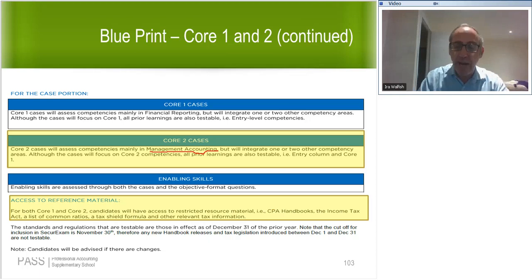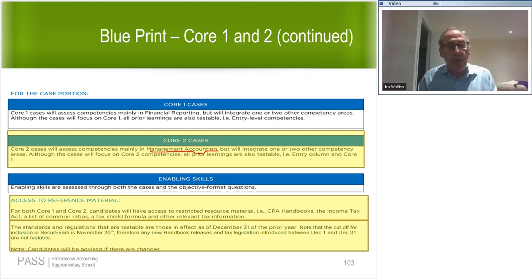Now, up to what date would they be able to test things? This part is not terribly relevant to Core 2. It's more relevant to Core 1, where you're dealing with things like financial accounting in a meaningful way and assurance. Basically, when it comes to the handbook, they typically work as follows. The standards and regulations that are testable are those in effect at December 31st of the prior year.